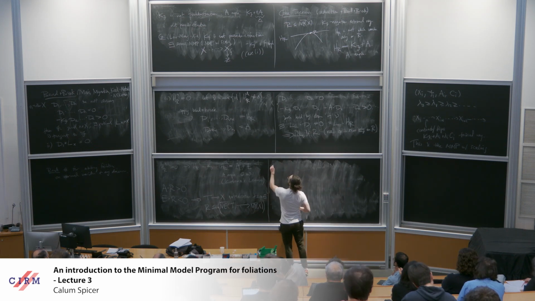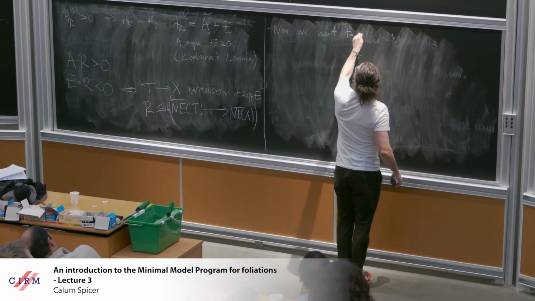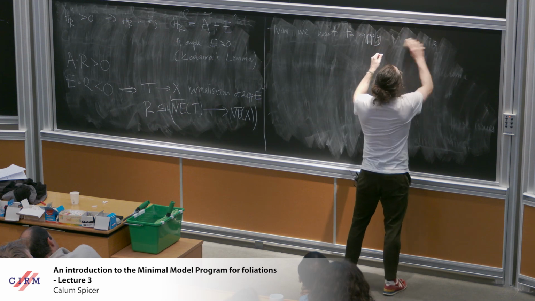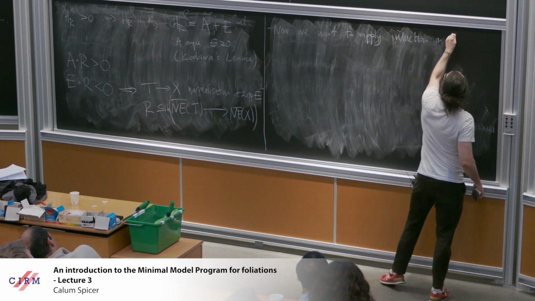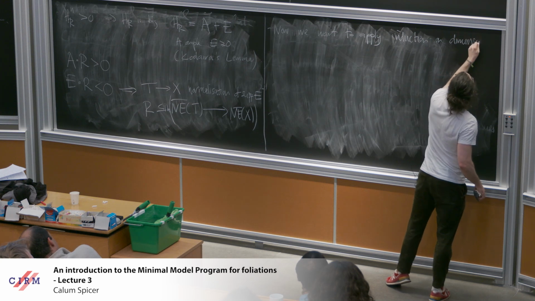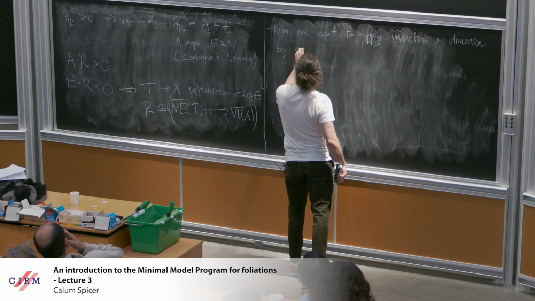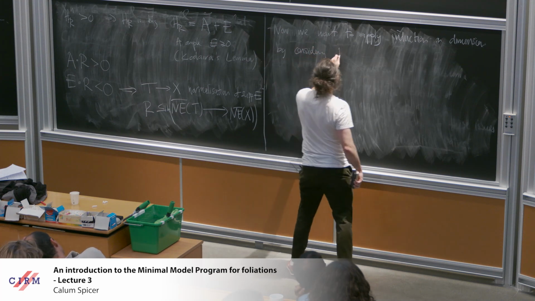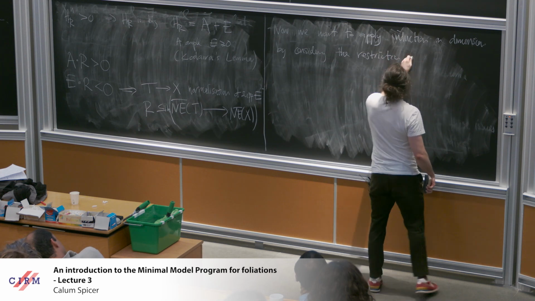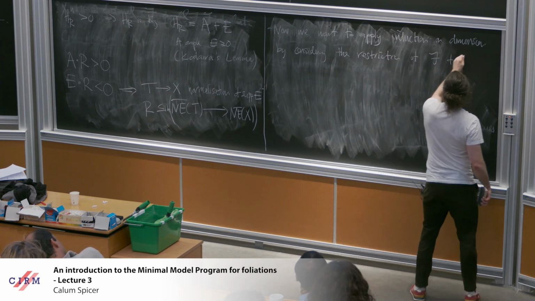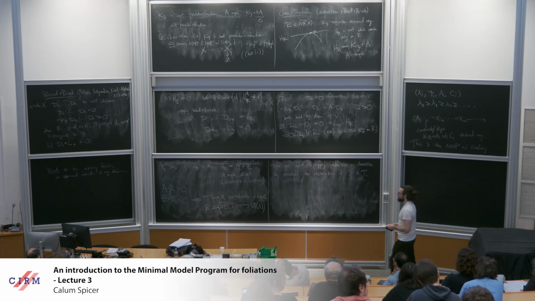So now we want to apply induction on dimension by considering the restriction of F to T. So we can pull back the foliation to T.